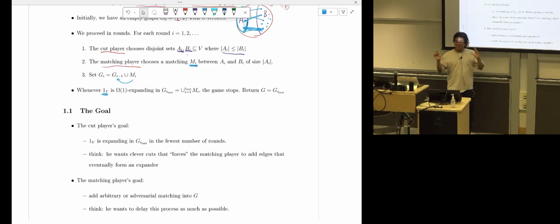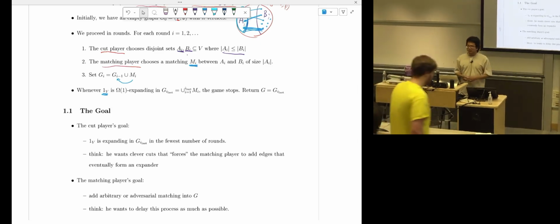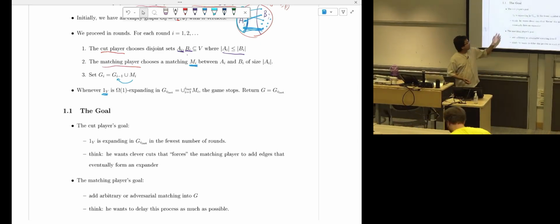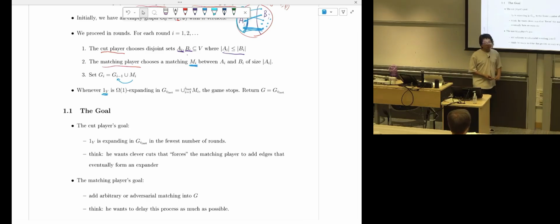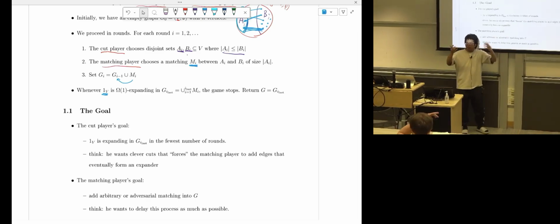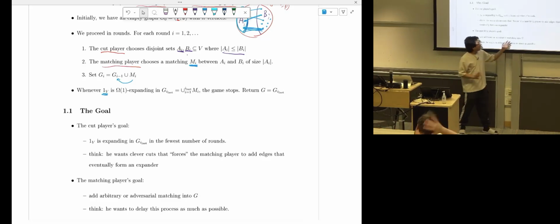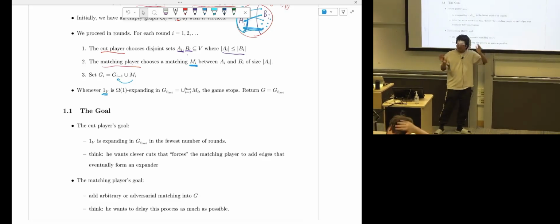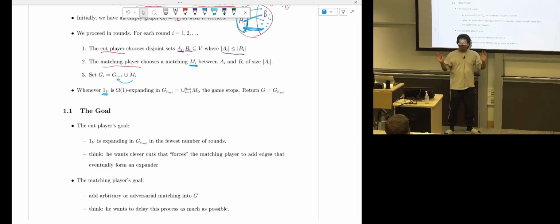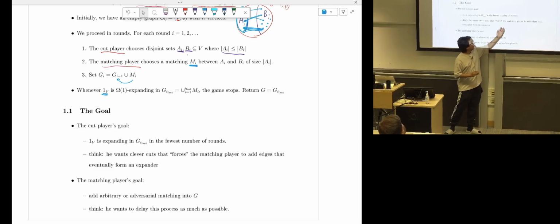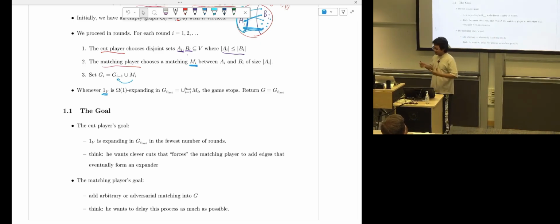So you want the graph to be an expander as fast as possible, the cut player. So the goal of the cut player is to cleverly choose a cut that forces the graph to be expanding, no matter what the matching player does.